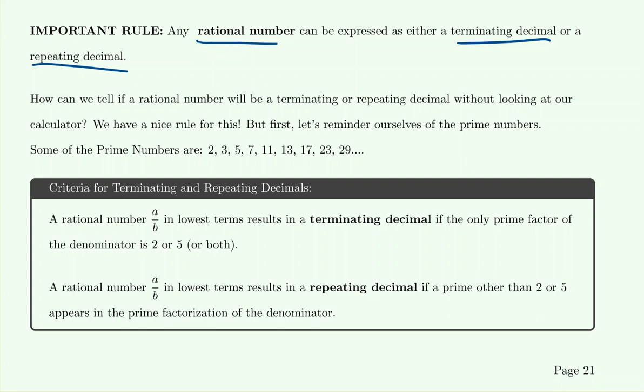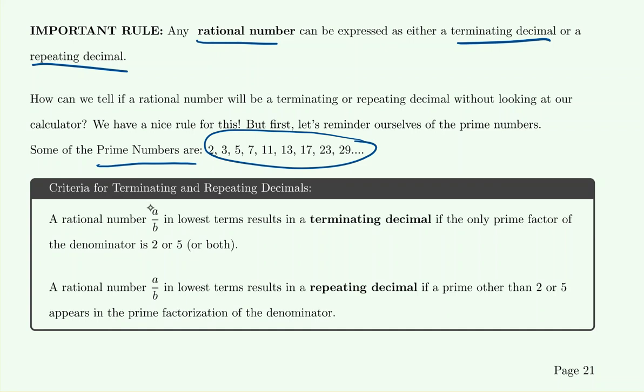To know this rule, we need to know about some prime numbers. Our quick introduction of prime numbers is that the lowest prime numbers are 2, 3, 5, 7, 11, 13, 17, 23, 29, and there's actually infinitely many more prime numbers, but we're just going to care about these for now.